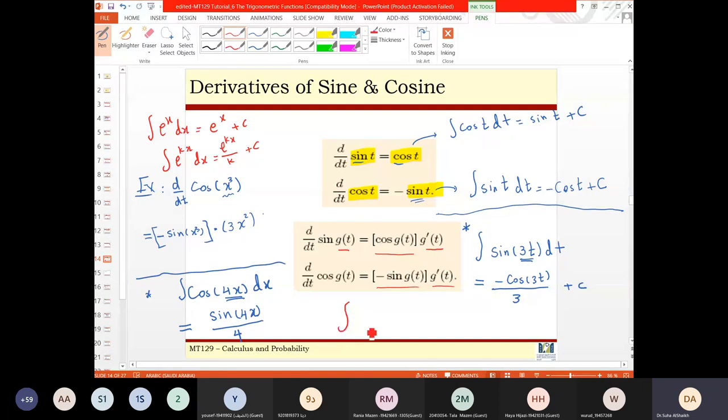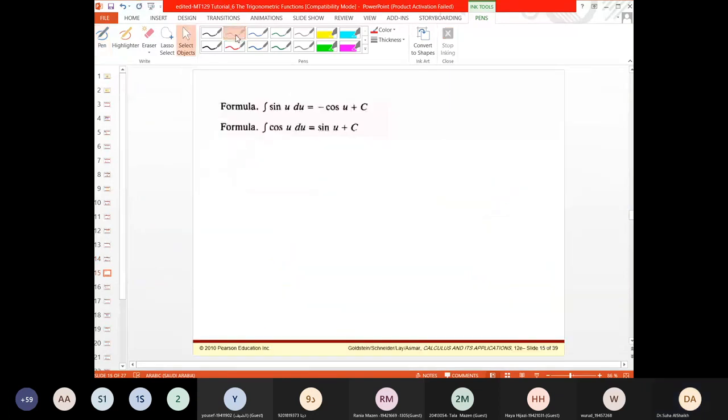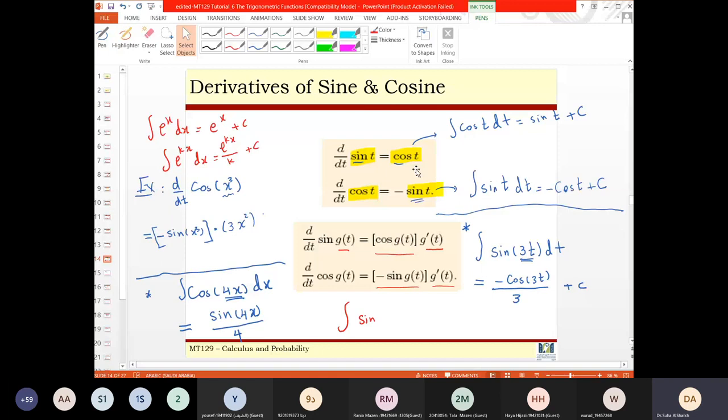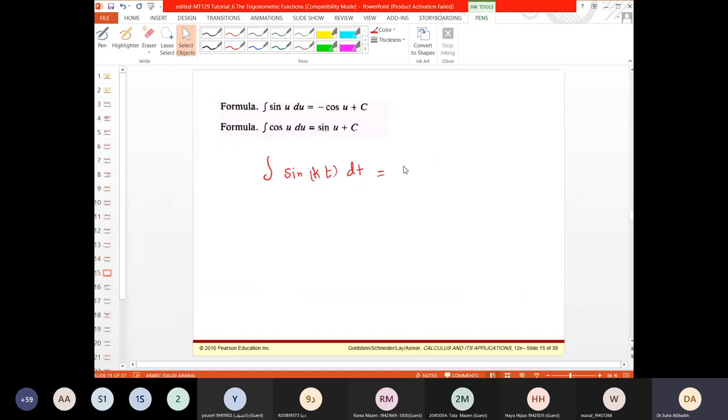So if you have the integration of sine kt dt, the integration of the sine is equal to minus cosine of kt over k plus the integration constant.